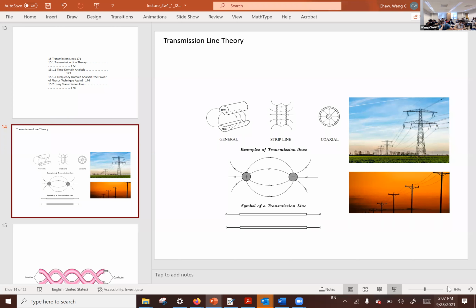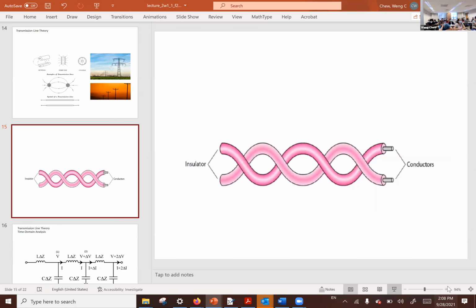A transmission line is just two pieces of metal. The symbol for the transmission line is usually given by that symbol. A transmission line is more complicated than the picture that is shown. For instance, you can have a transmission line made of two twisted wires, just like this, and you can have it as a wave line.